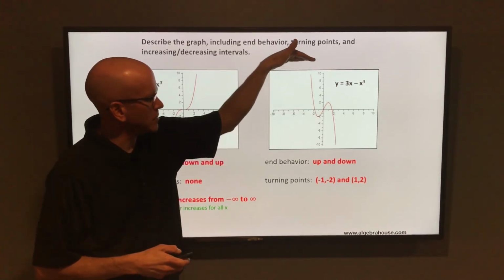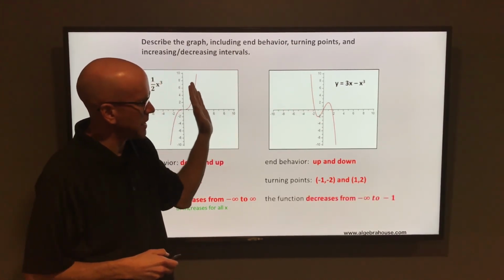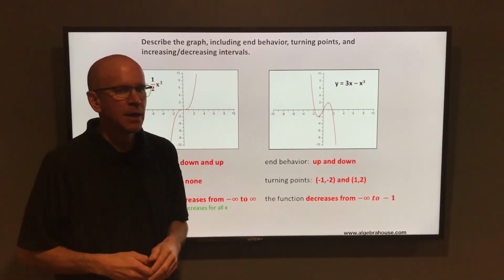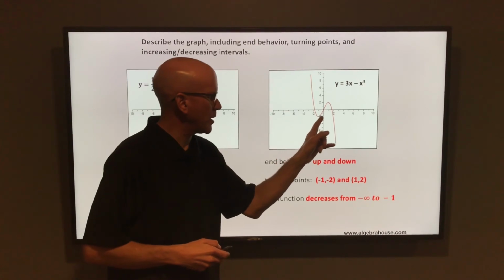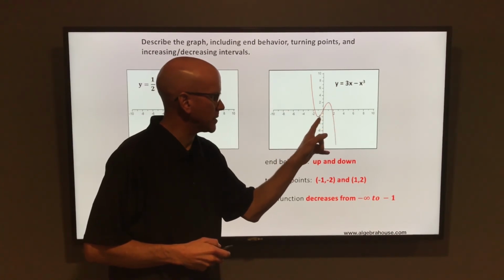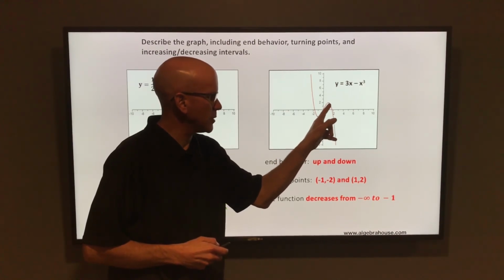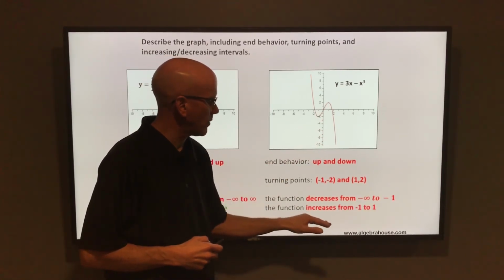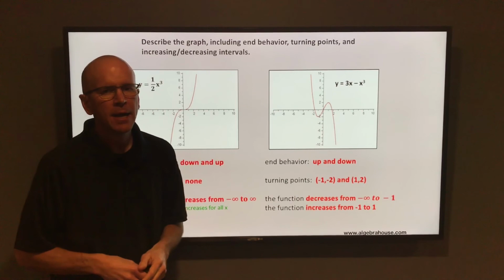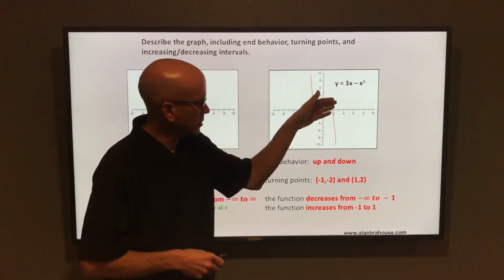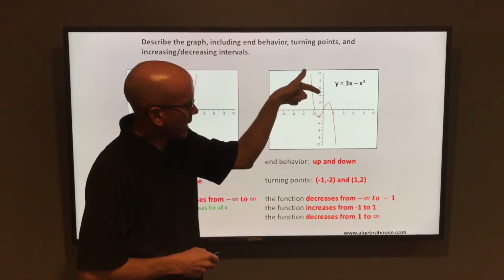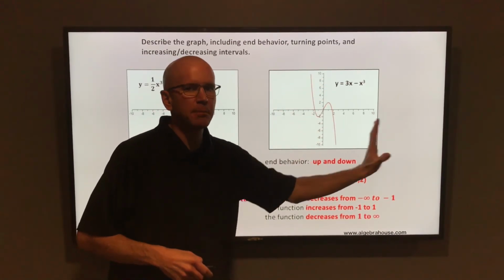The y values are decreasing from x being negative infinity to where x is -1. And then the y values turn and start increasing. So you can say the function is increasing from x being -1 to x being 1. And then after that turning point, the function starts decreasing. So the function is decreasing from x being 1 to x being positive infinity.